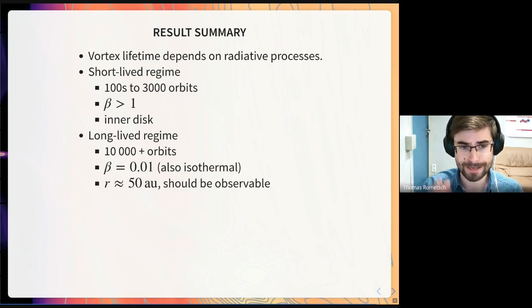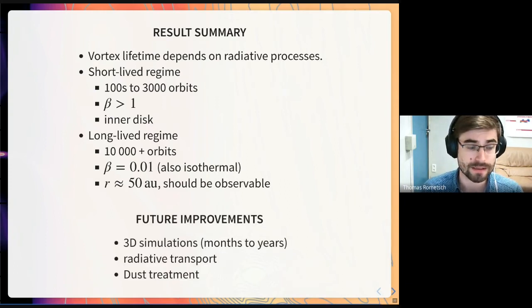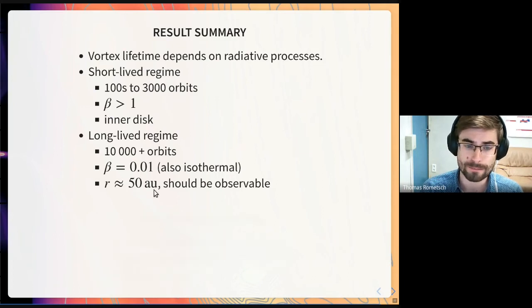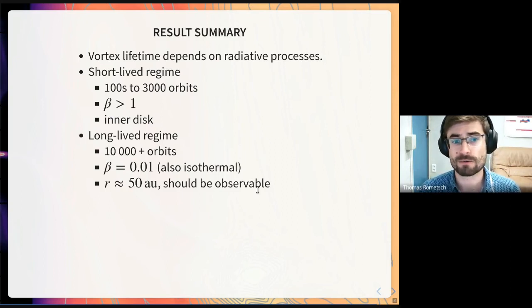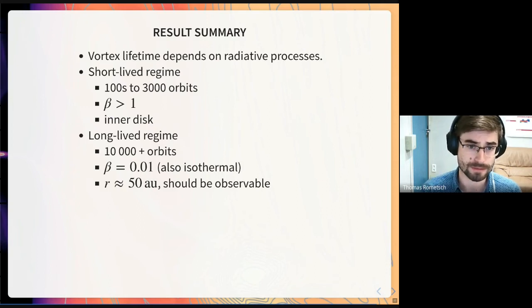This is the case for R equals 50 AU, and that's where we find these big asymmetries, by the way. If you run the numbers here, that's easily 10 million years of vortex lifetime. So that's on the order of the disk lifetime. So then it's not so much of a chance observation anymore, because we really sample the whole population.